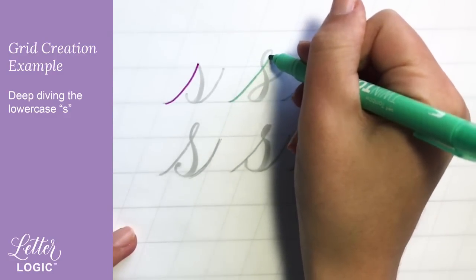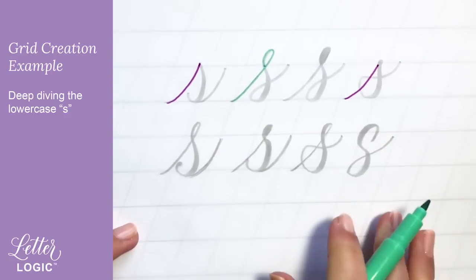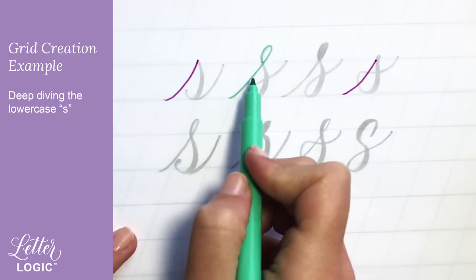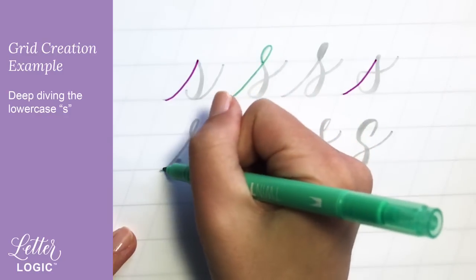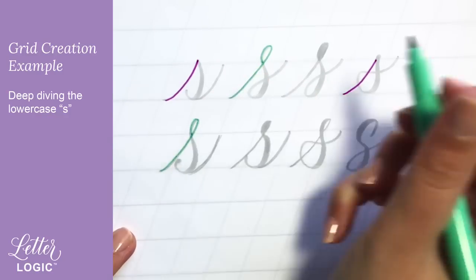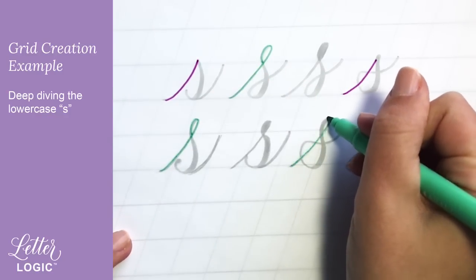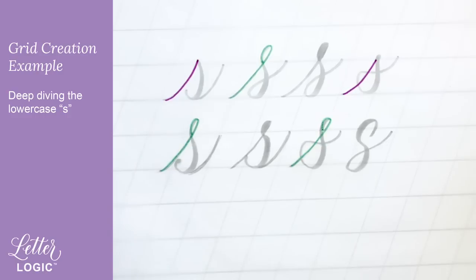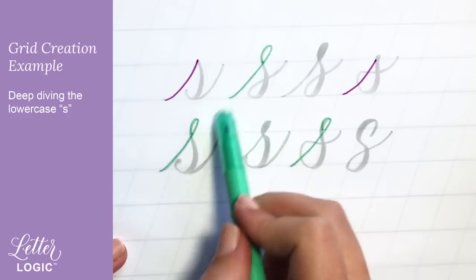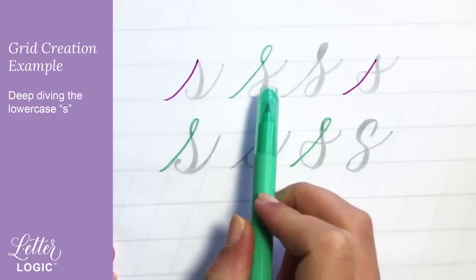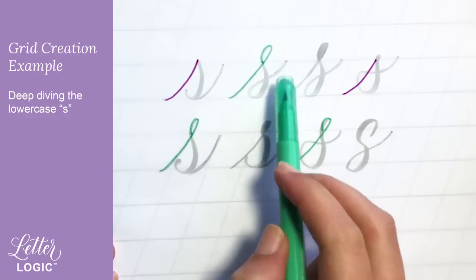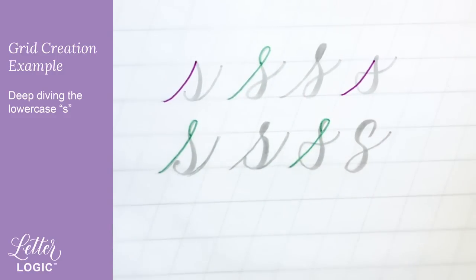So entrance plus a loop right here. That's different from this one, but it's actually the same as this S and this S. So different bottoms. You can see that these 3 green ones that I just pointed out have the same starting point, but they all end differently.